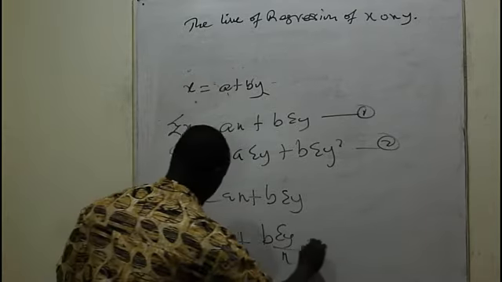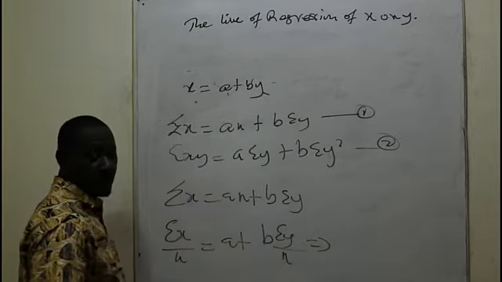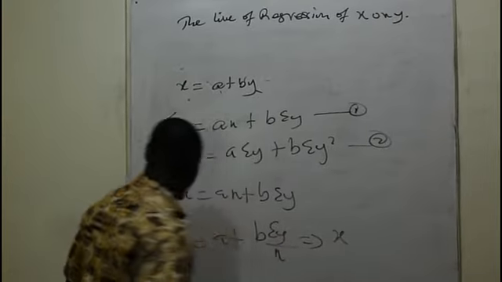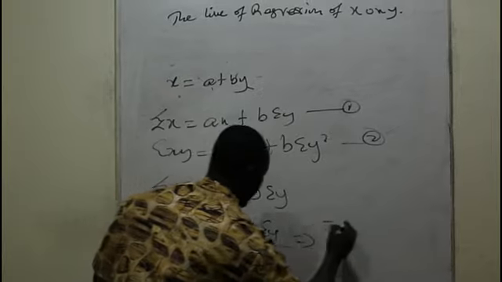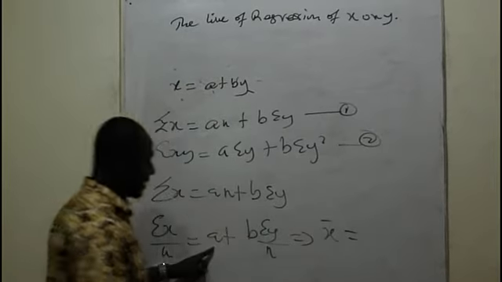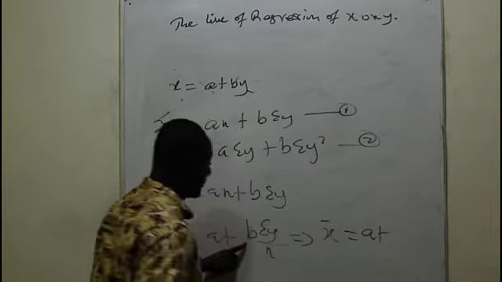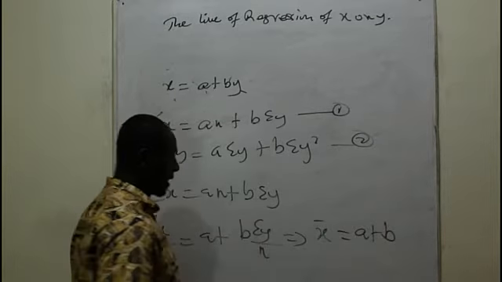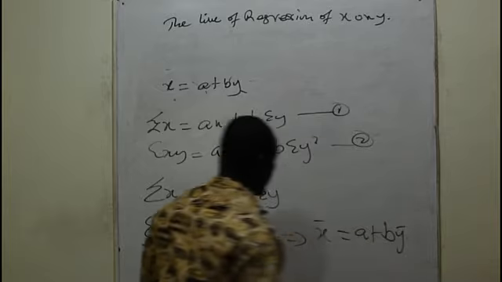That is, x bar is equal to a plus b times y bar.